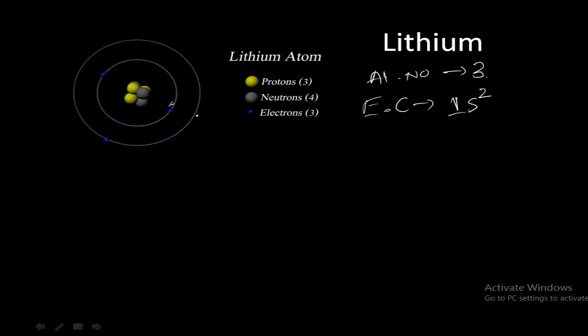Then the next electron will not get filled in the first shell because the maximum number of electrons will be 2, and thus the third electron goes to the second shell. There also it first fills the s subshell. So this is the electronic configuration of lithium, 1s2, 2s1.